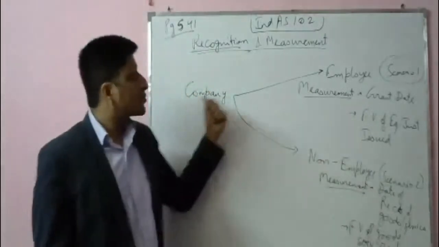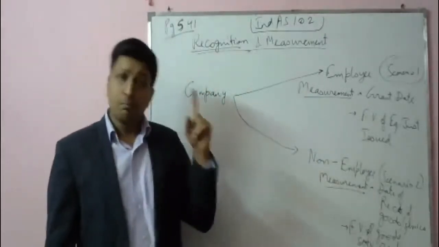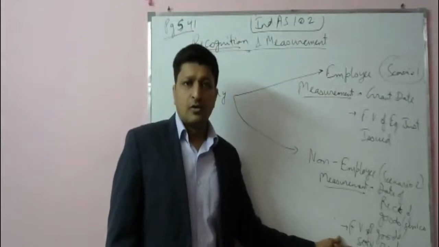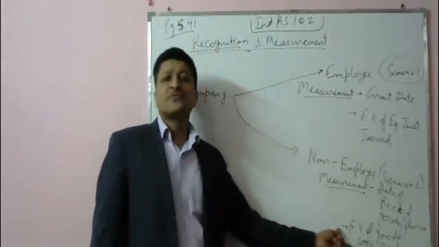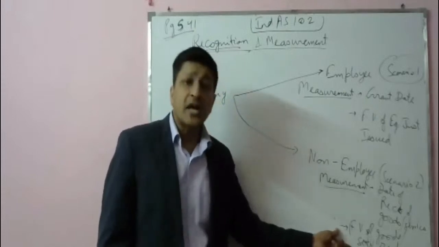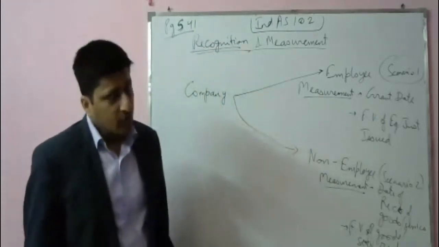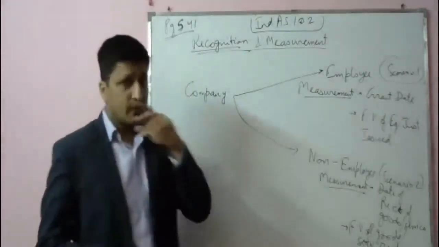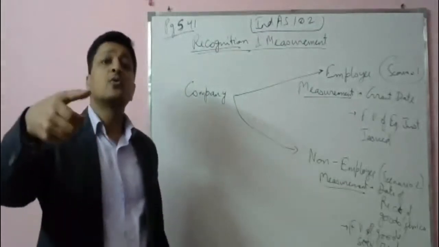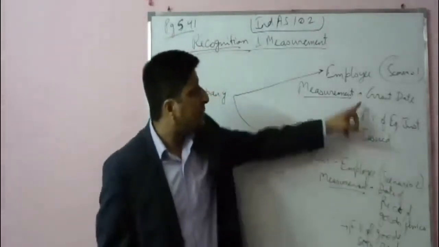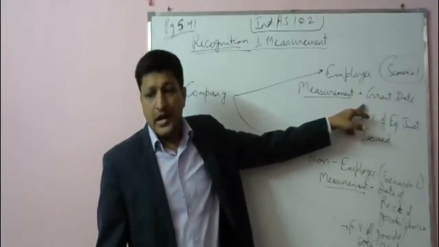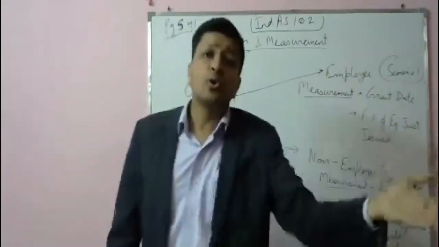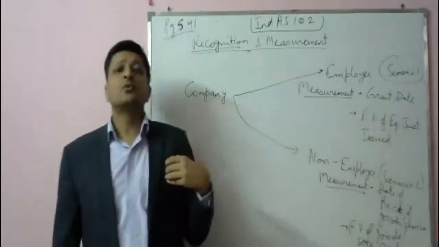Fair value of equity instrument which company will issue. But in case of non-employees, this is more reliable. Okay, that's why you will use fair value of goods or services which are received. Okay. Now, because we are using the fair value of equity instruments issued and not the fair value of goods or services which are received, that's why we are taking a grant date. Grant date being the date on which this measurement will happen, on which you will go to a valuation expert and ask him to do the valuation.